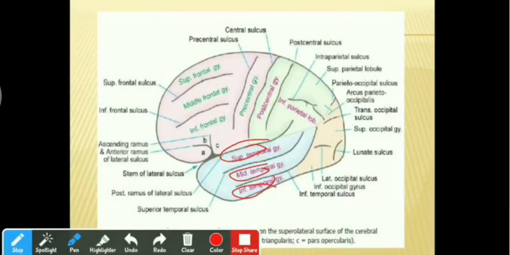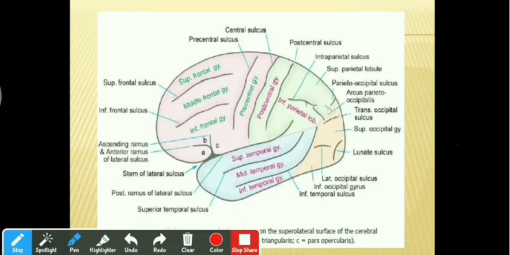In the occipital pole, you can see a lateral occipital sulcus which divides it into superior and inferior occipital gyri. You can also see a lunate sulcus, which is a C-shaped sulcus in front of the occipital pole, and a transverse occipital sulcus, which lies in the uppermost part of the occipital lobe.